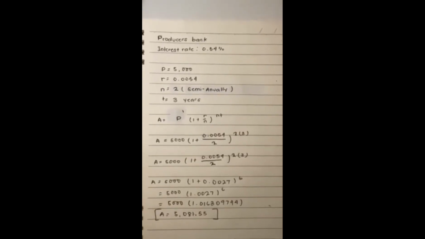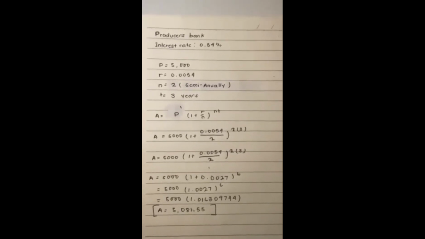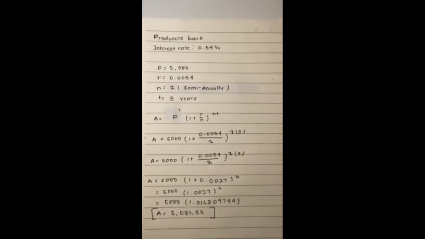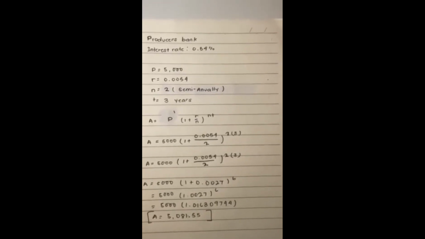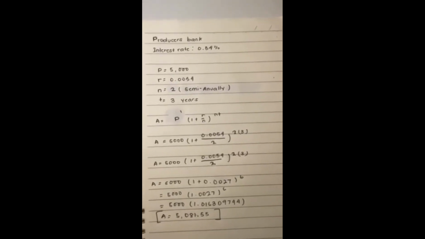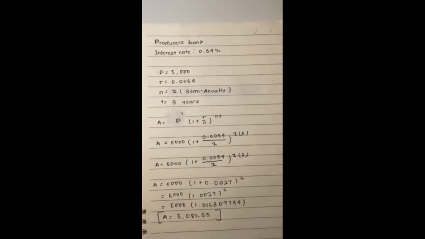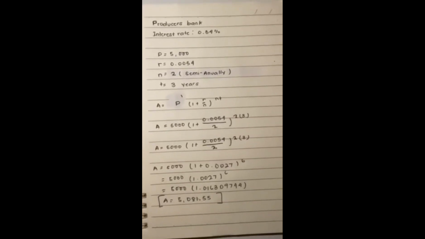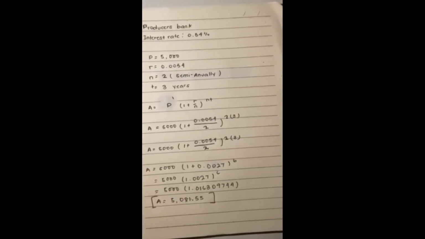Now, let's start to calculate for the total amount. We have A is equal to 5,000 times 1 plus 0.0054 over 2 raised to the power of 2 times 3. So, for the answer of 0.0054 over 2, we have 0.0027. So, in total, we have A is equal to 5,000 times 1 plus 0.0027 with the exponent of 6.